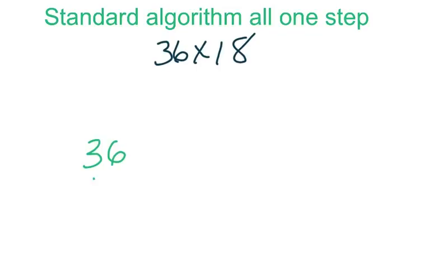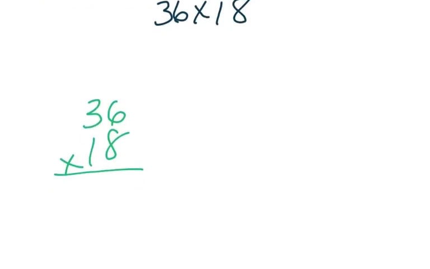So 36 times 18, we're not going to write out to the side, because this is pretty much us looking at and learning our facts and knowing how to do a lot of very good mental math. So 36 times 8, 6 times 8 is 48. I'm going to regroup 4 tens. I'm doing this all mentally. 4 tens, and then 8 times 30 is 240 plus 40, that's 288.